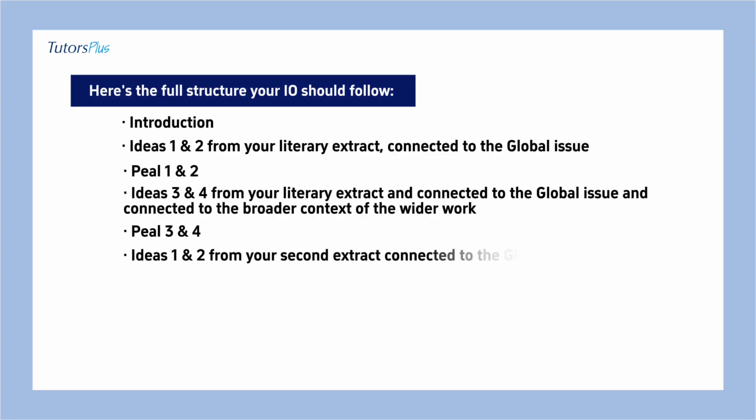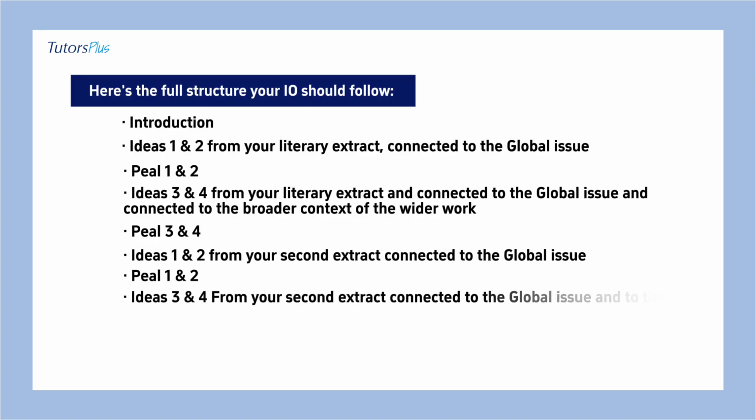And then we move into the literary or non-literary extract, where we again do ideas 1 and 2 from your second extract, connect it to your global issue. And then we again do the PEEL for ideas 1 and 2, connect it to your global issue, connect it to the wider work. Ideas 3 and 4 then, from your second extract.